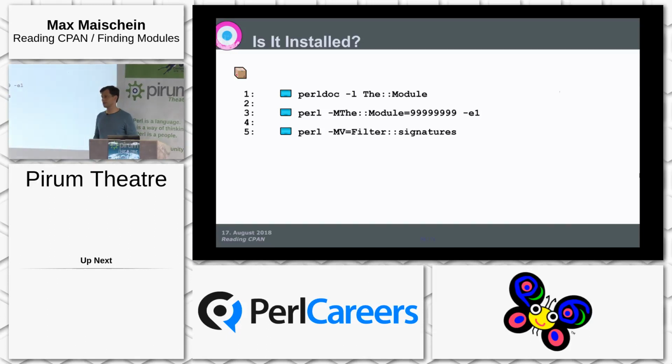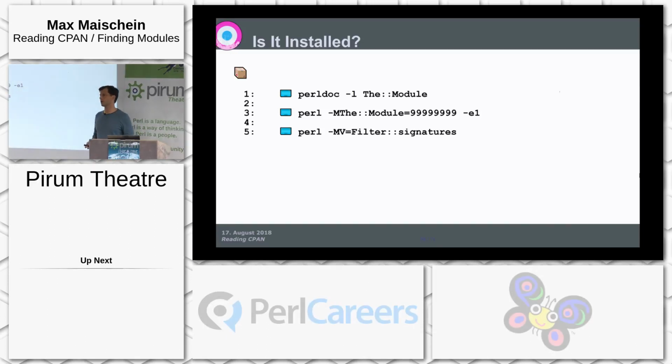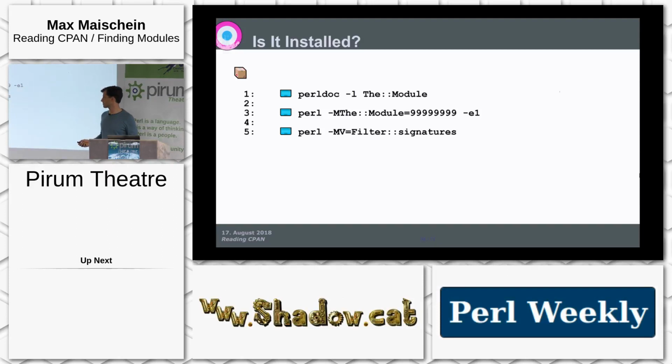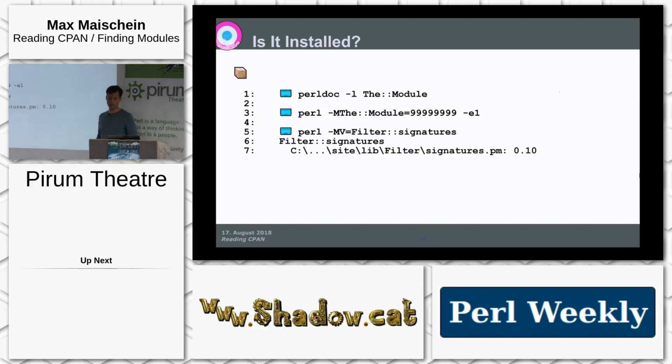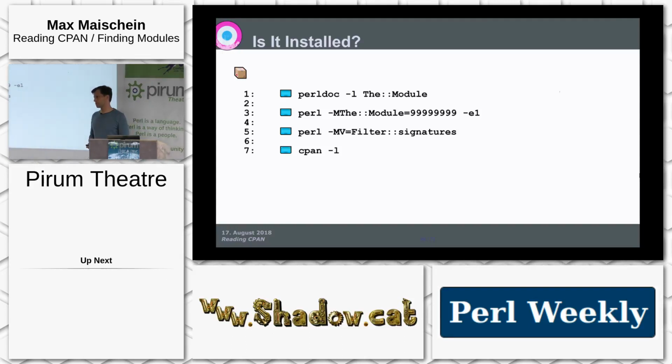And if you have a nice sysadmin, they might have installed the V module for you, so you can shorten this to a shorter one-liner, and this will tell you both the path where a module is installed, and its version. And if all of this fails, you can use cpan -l, which will list all installed modules, and then you can grep for whatever pattern you hope to find.